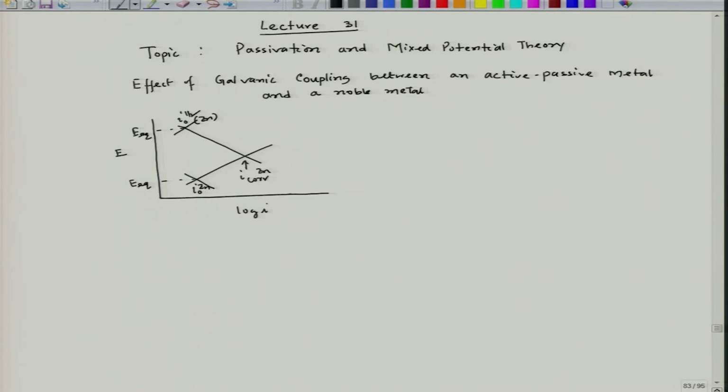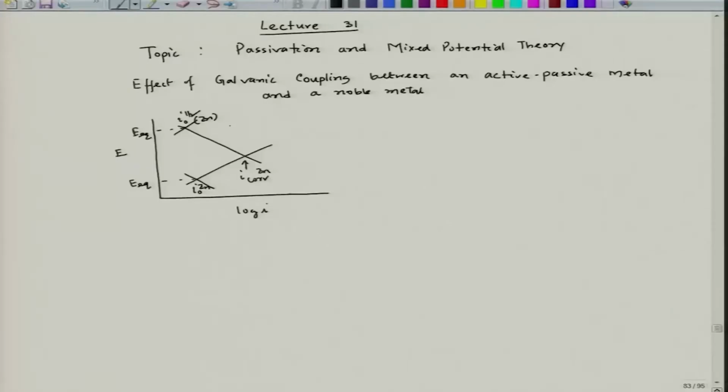Now, once we connect zinc, let us say 1 centimeter square area with platinum of 1 centimeter square area. Now, on platinum the hydrogen exchange current density is much higher than that on zinc surface, but E equilibrium does not change because this E equilibrium is decided by the pH of the solution and provided the hydrogen gas pressure is kept at 1.